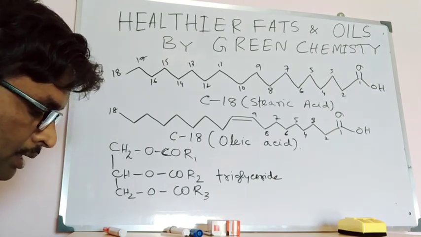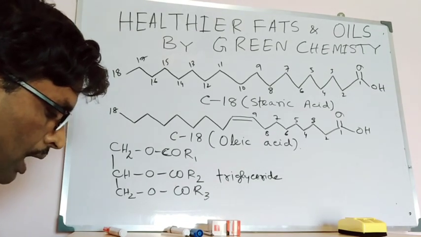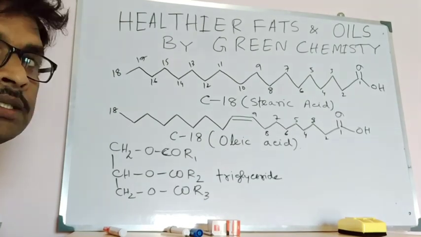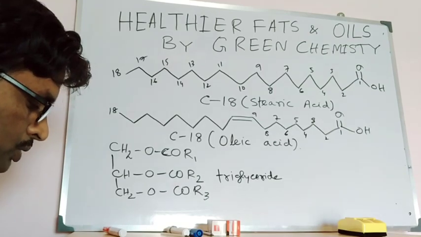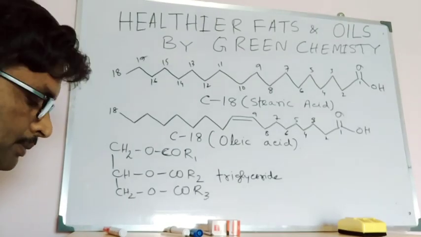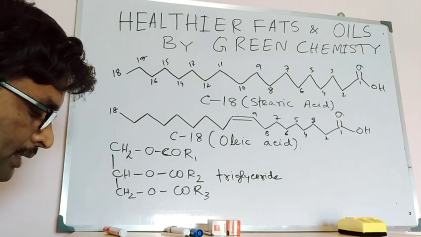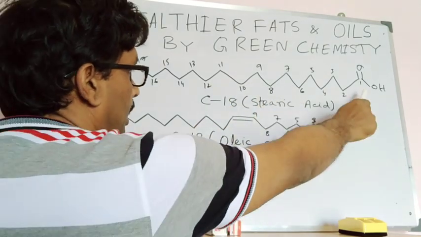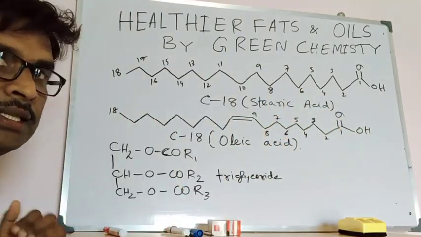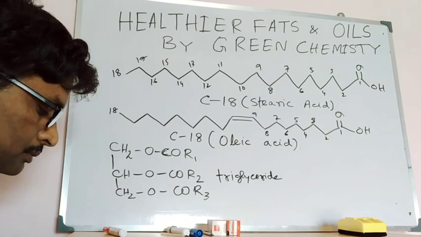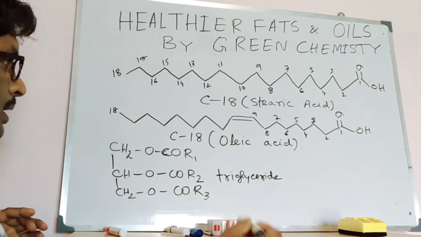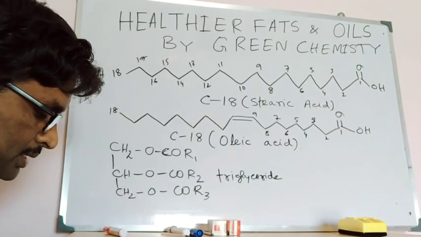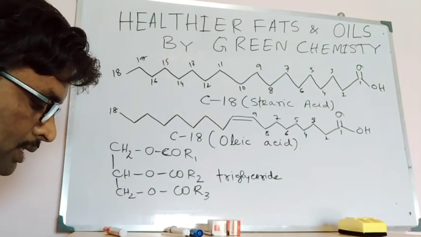The species which are liquid at room temperature are commonly called oils, and the species which are solid are called fats. Saturated fatty acids in the structure give a high melting point. If the chain is saturated, it has a higher melting point, and if it is unsaturated, it has a lower melting point.